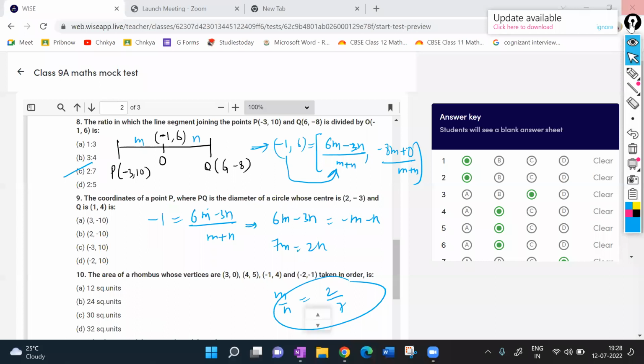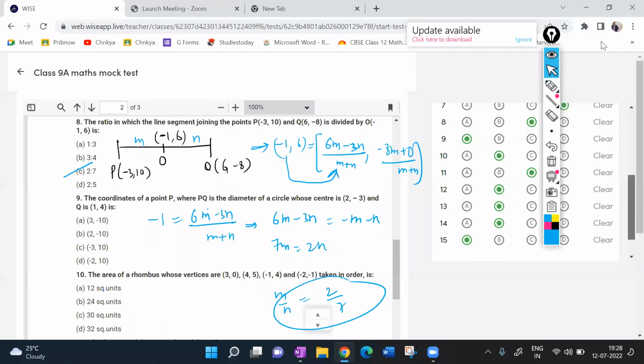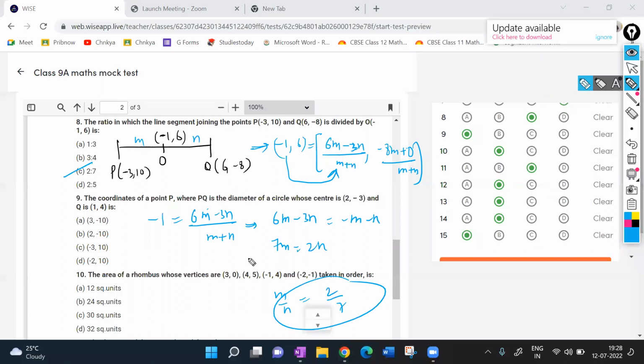Sir, you wrote minus 8m plus 0 by m plus n. Isn't that 10n? Which one are you talking about? It is m by 2 plus n by 1, that is 10n here.